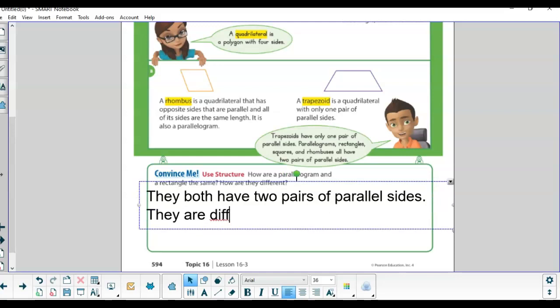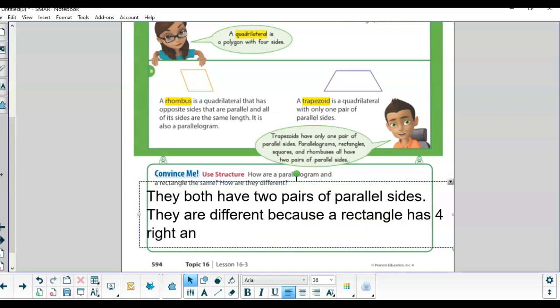They are different because a rectangle has four right angles.